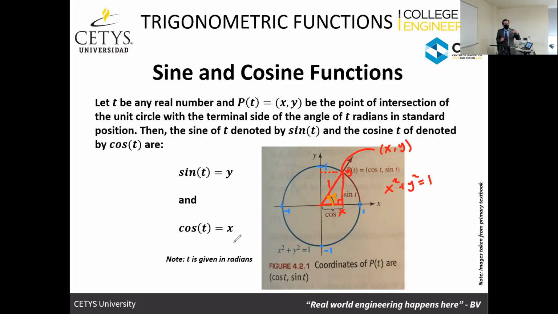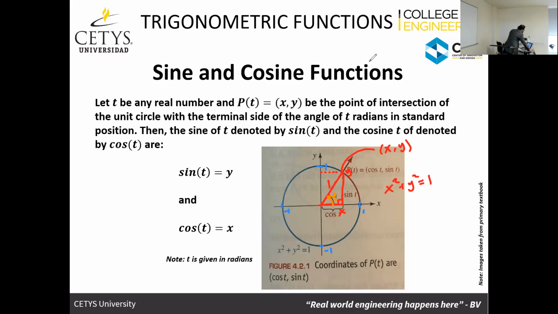That's why, with regards to the sine and cosine functions, when we're looking at a right triangle represented with coordinates, the sine is always related to the opposite side, which is the y, and the cosine is related to the adjacent side, which is the horizontal, or the x.